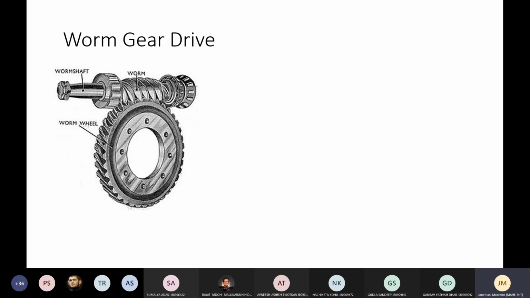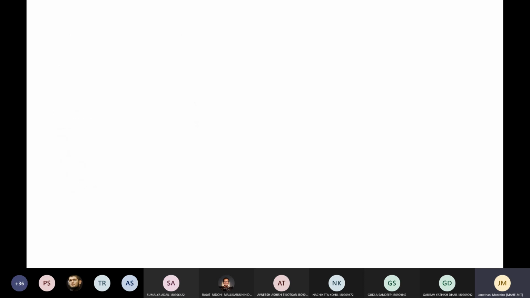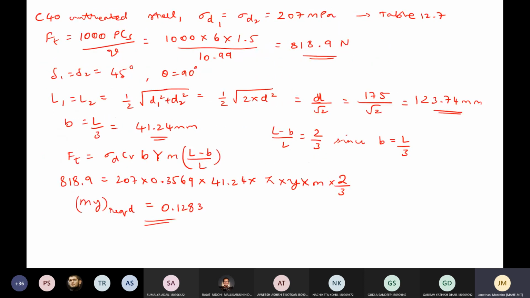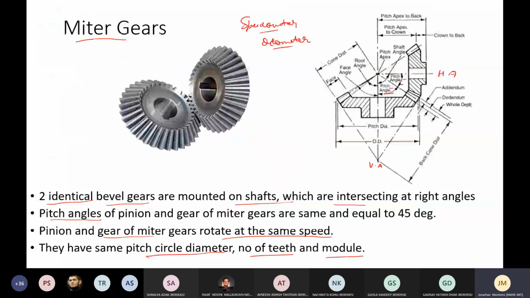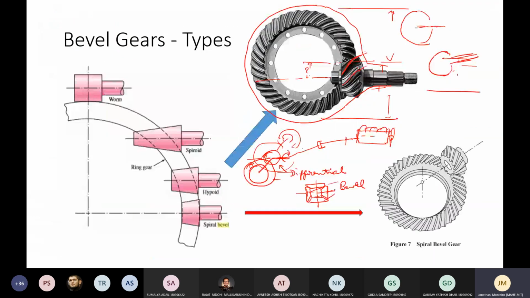I'll just go back and show you the slide which I discussed for bevel gears. There was one mention that depending on where the gear is used, the profile of your pinion will change. So for example, in this particular slide, a spiral bevel gear or even a straight bevel gear can be put up here. Once you change the position, you cannot go for straight teeth.